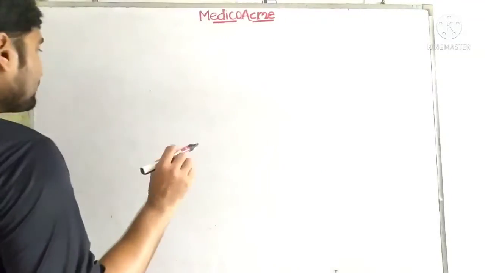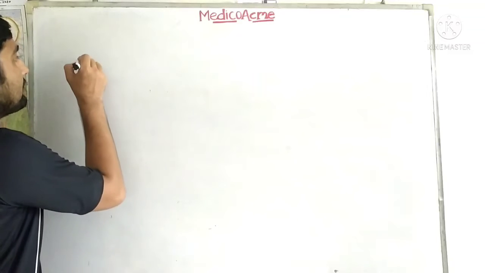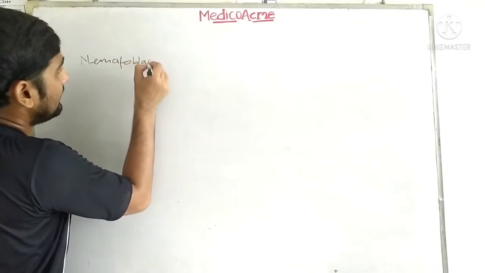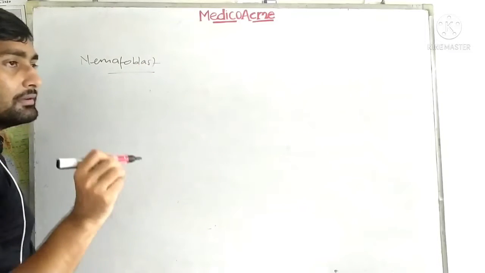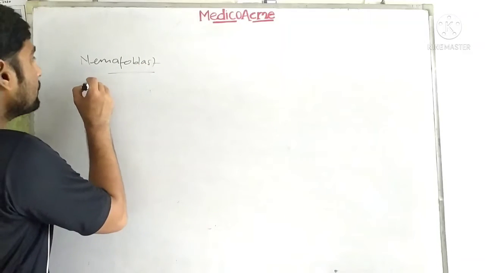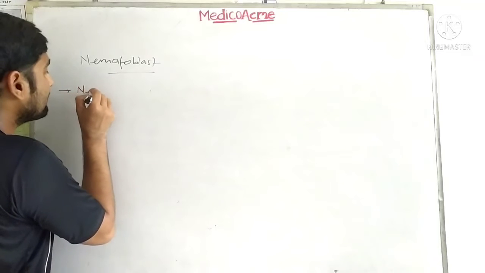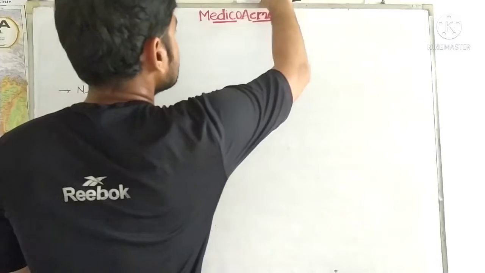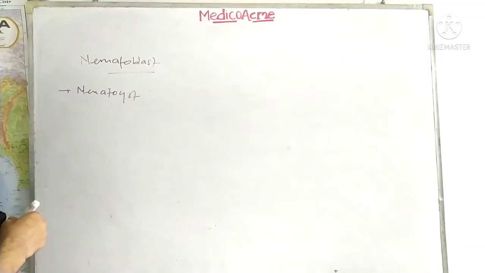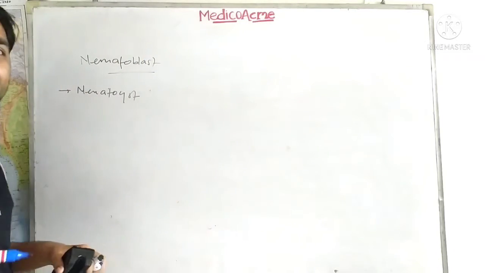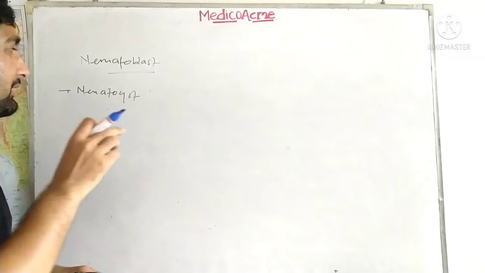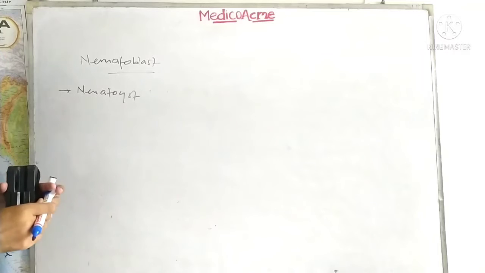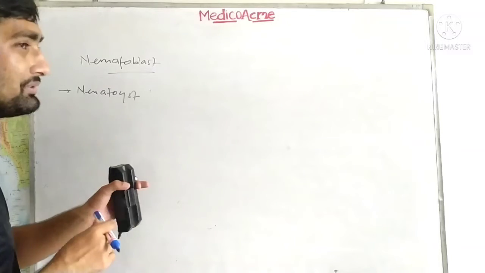About nematocyst and nematoblast: the nematoblast is the cell and the nematocyst is the stinging apparatus. So don't be confused. Some students are saying that I should write in highlighted form because the writing is very blurred. Many times I forget to change the marker to the bright one.